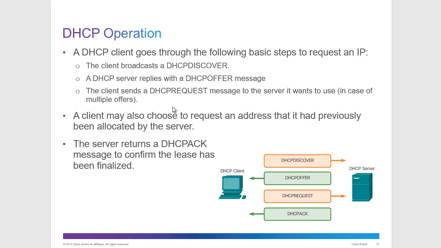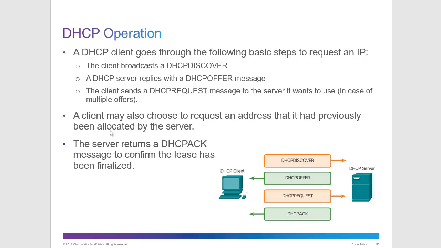Then the DHCP server says, okay, this address is available, and your client responds with, yes, I'd like that address, and the server says, okay, you can have it. So the first part is I need an IP. The second part is here's what I got for you. Then your client says, okay, can I have it? And the server says, yes, here is the address.